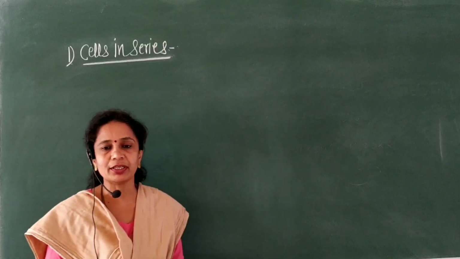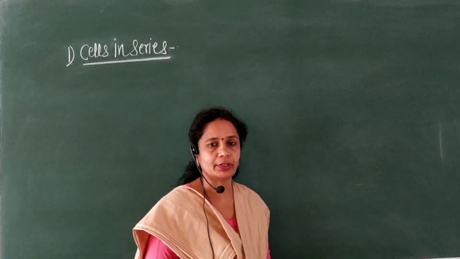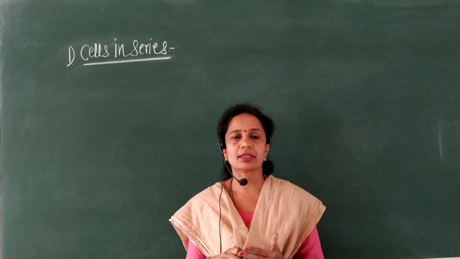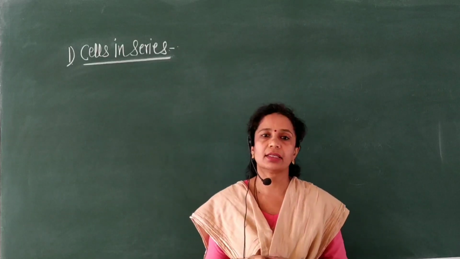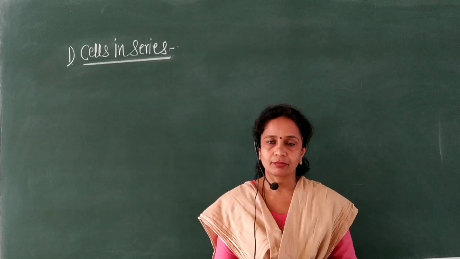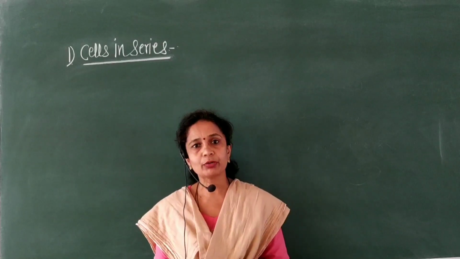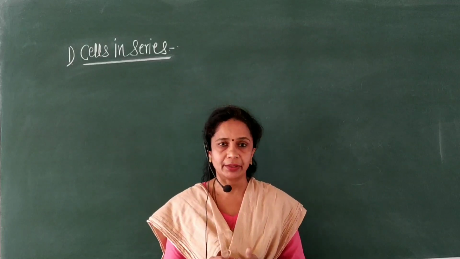Good morning, students. Last point of the chapter, electric current through a conductor, is cells in series and cells in parallel. In the previous video, we saw what is meant by cells and battery.